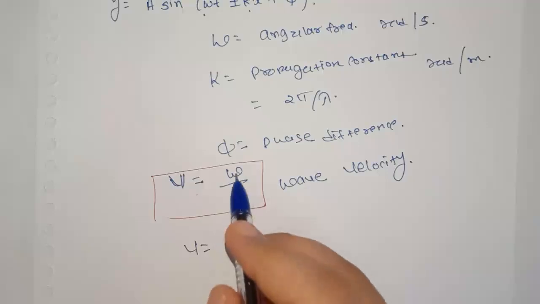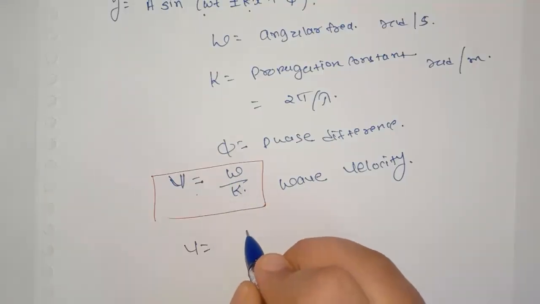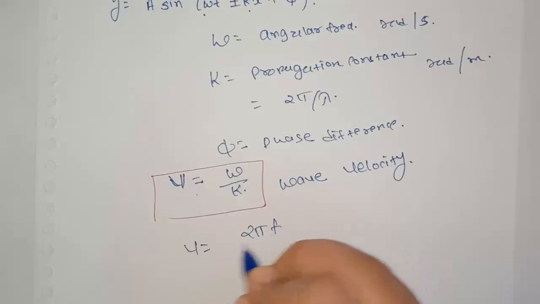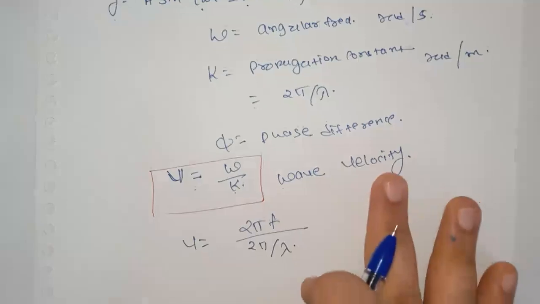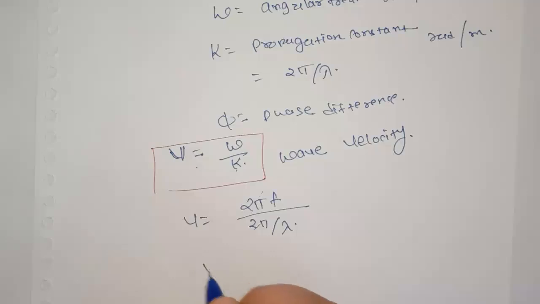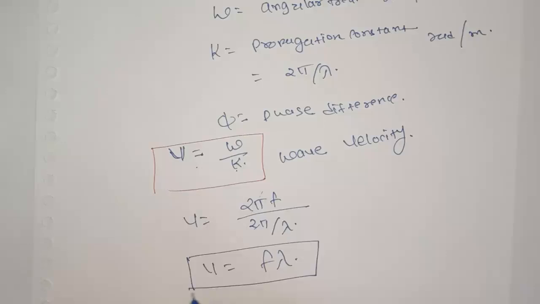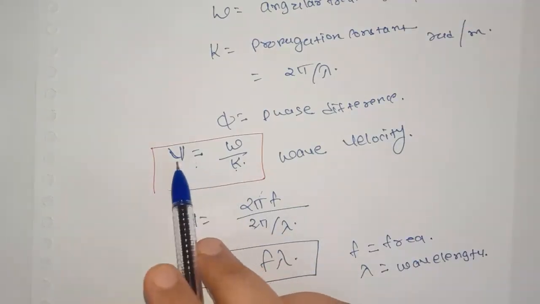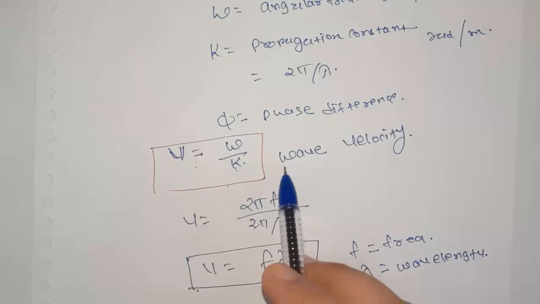So v can be written as omega, that is 2 pi f, and k can be written as 2 pi by lambda. This 2 pi will get cancelled out. So v will be equal to f lambda. Here f is the frequency and lambda is the wavelength of the traveling wave.